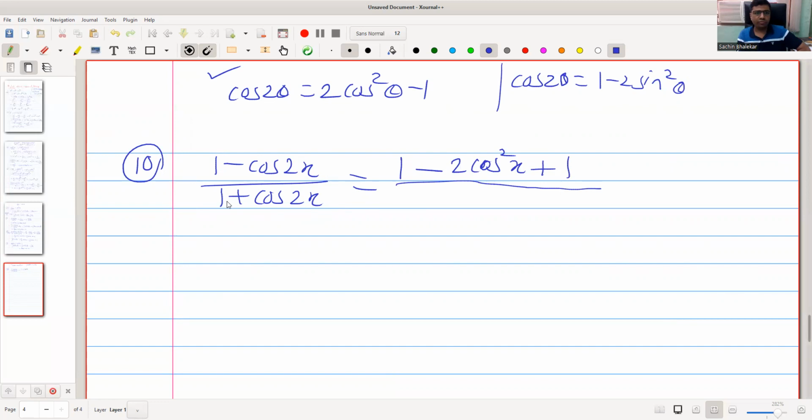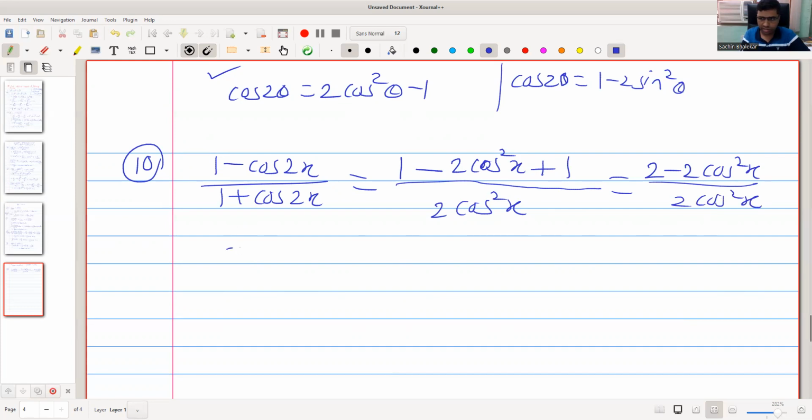In the denominator, it is 1 plus cos 2x, so it is simply 2 times cos square x. So the numerator is 2 minus 2 cos square x upon 2 cos square x. We can cancel 2, and it is 1 minus cos square x divided by cos square x.